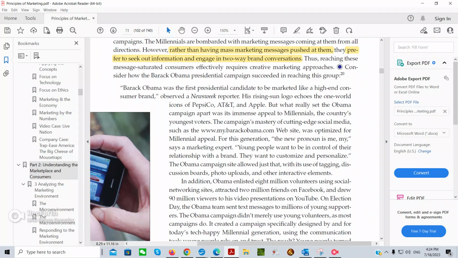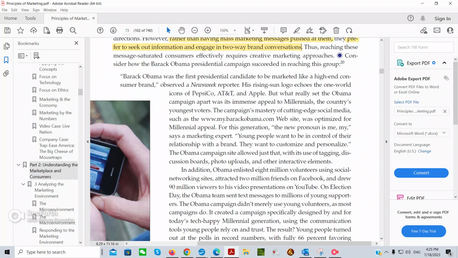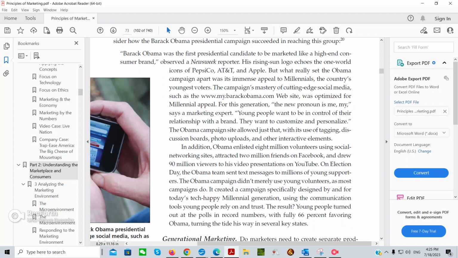On election day, the Obama team sent text messages to millions of young supporters. The Obama campaign didn't merely use young volunteers as most campaigns do. It created a campaign specifically designed by and for today's tech-happy millennial generation, using the communication tools young people rely on and trust. The result?